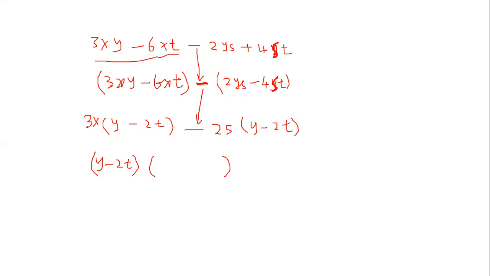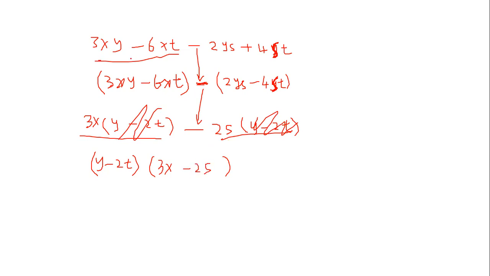If you take out y minus 2t from both groups, what will be left over? For the first group, you have 3x leftover. For the second group, if you take out y minus 2t, negative 2s is leftover.